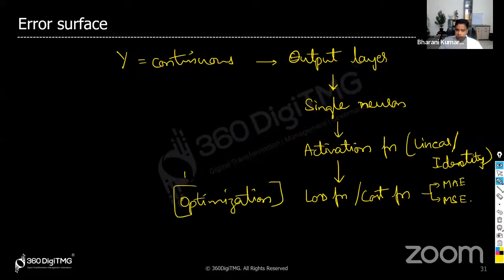Your optimization goal is to minimize the loss or cost. And for this, we usually use gradient descent algorithms.